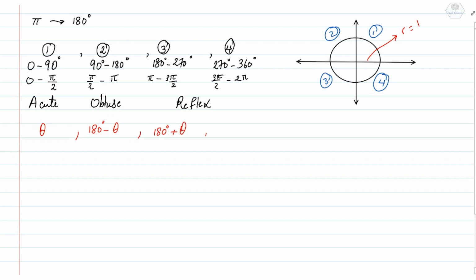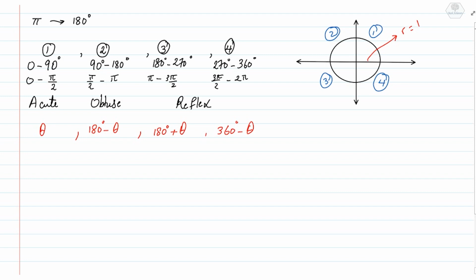For the fourth quadrant, it's 360 minus theta. This is how I can find my angle. This is theta in the first quadrant. In the second, it's 180 minus theta. In the third, it's 180 plus theta. And in the fourth it's 360 degrees minus theta, or what's equivalent to these values in radians.